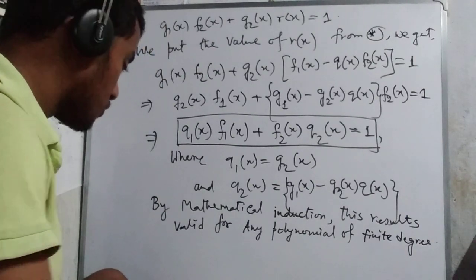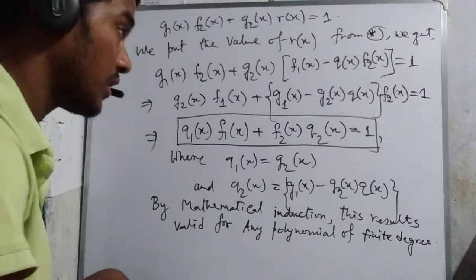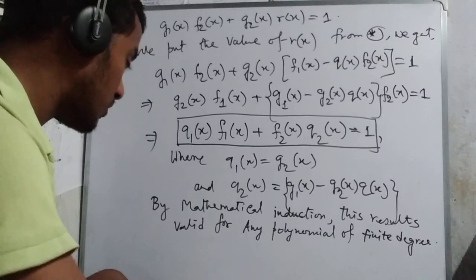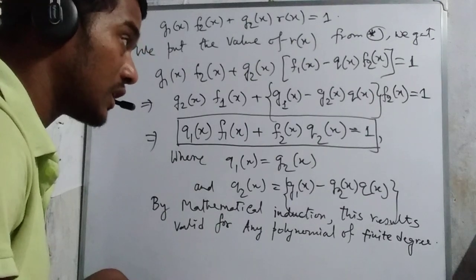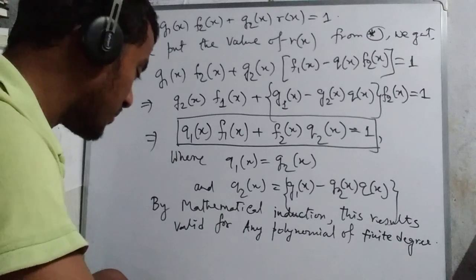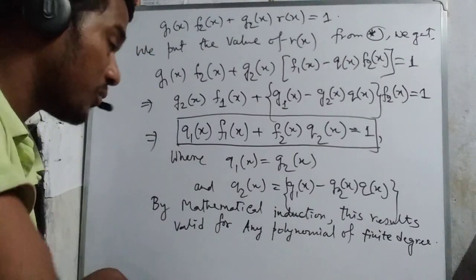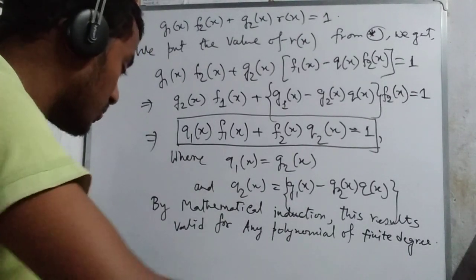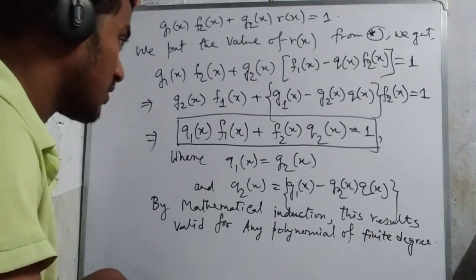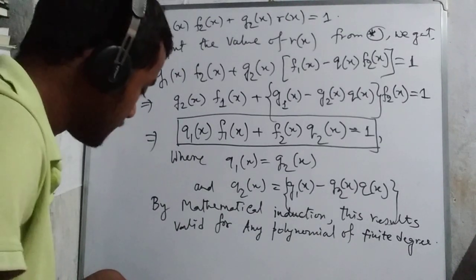So we prove this important theorem, which says that if two polynomials are relatively prime, then we find two other polynomials, with polynomial coefficients, such that the linear combination of these two polynomials equals 1.